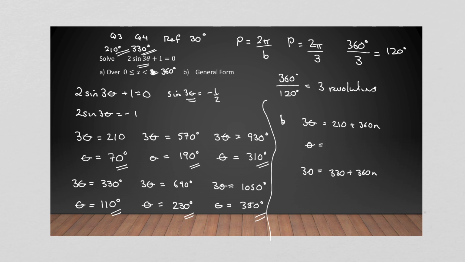So for 1 theta, you have to divide everything by 3, and you get the general solutions of theta equals 70 plus 120n, and then theta equals 110 plus 120n. So those will be your 2 general solutions. So everything needs to be divided by whatever factor of theta you have in your function if the theta or the x value is more than just a factor of 1.